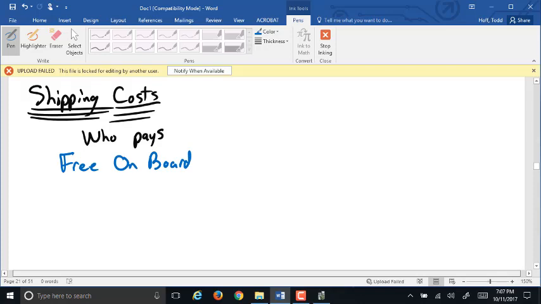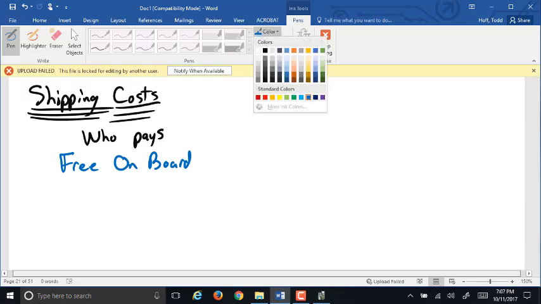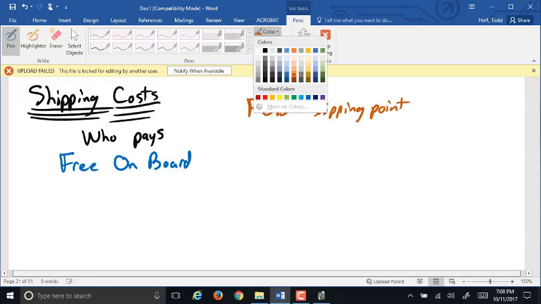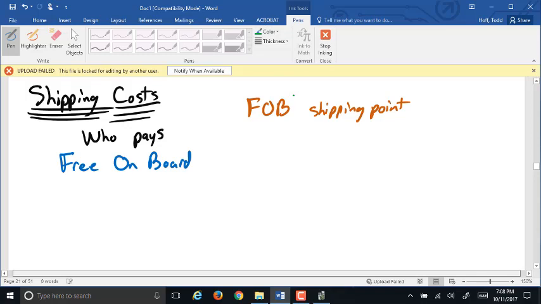The term is free on board. Where is the shipping point? That's the supplier, right? So FOB shipping point means the supplier does not pay.